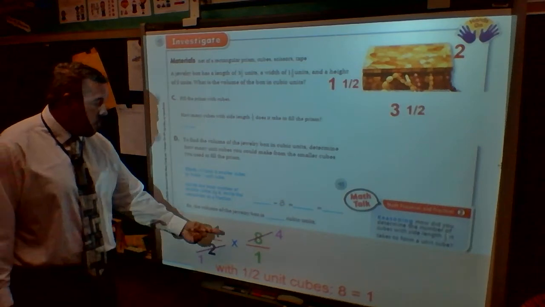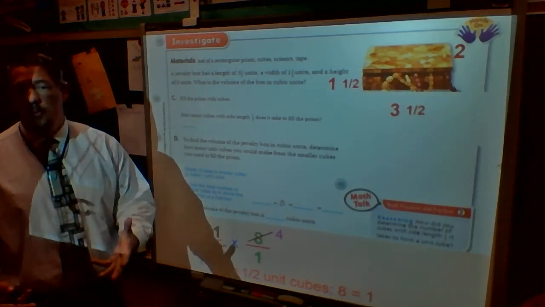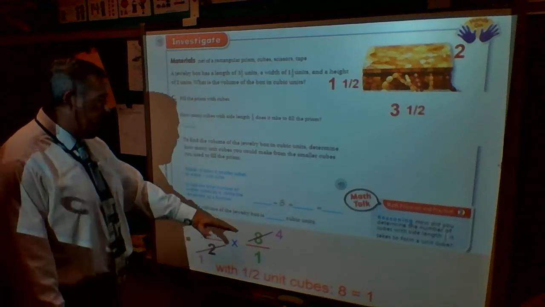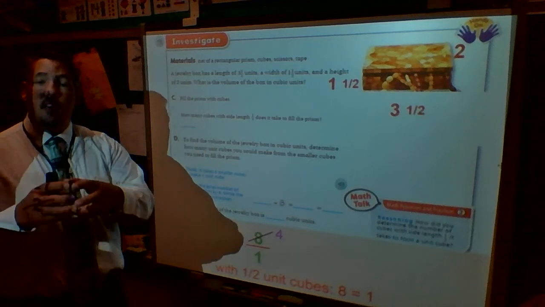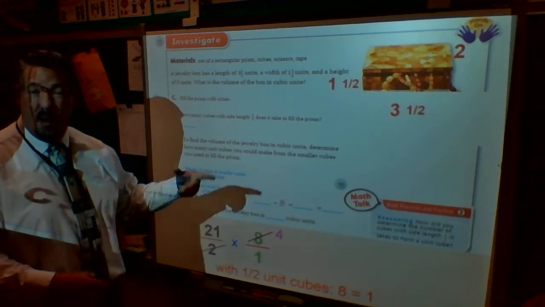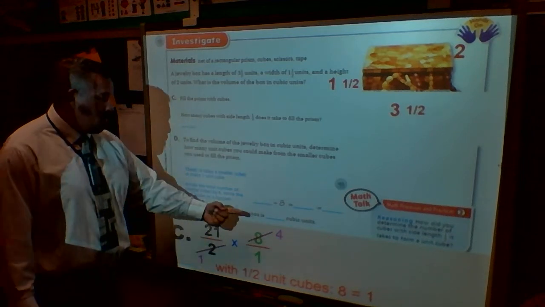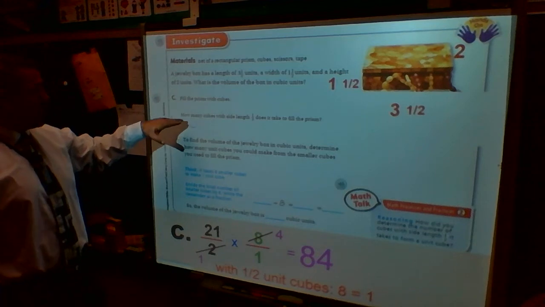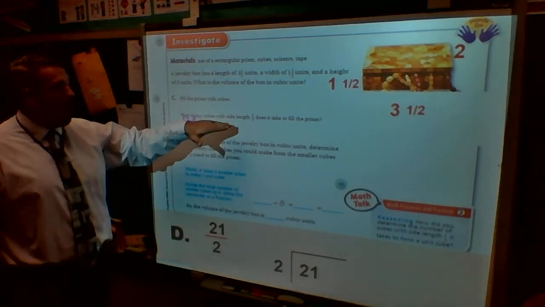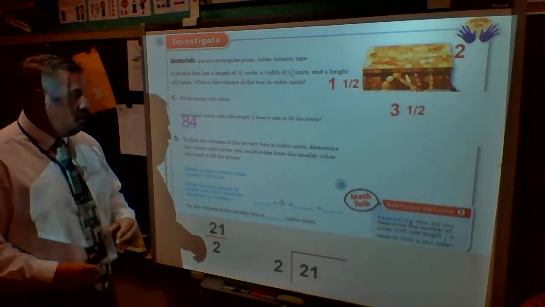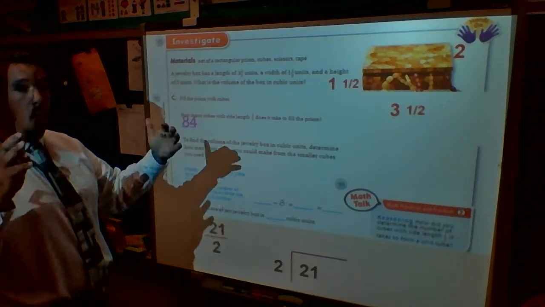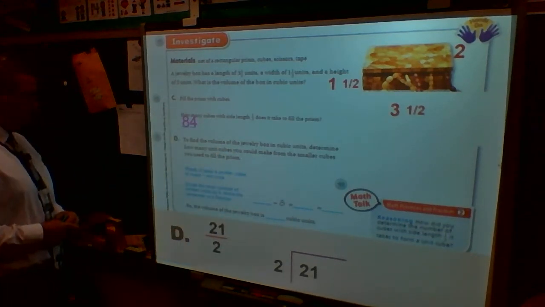I'm left with 21 times 4. My denominator is 1 times 1, so it's 1. Whatever I get as my numerator, that's how many little cubes I would have to make up the bigger shape. 21 times 4 is 84. So I know for C that if I'm using my half unit cubes, then I would have 84 of those smaller ones to make up one whole unit cube.